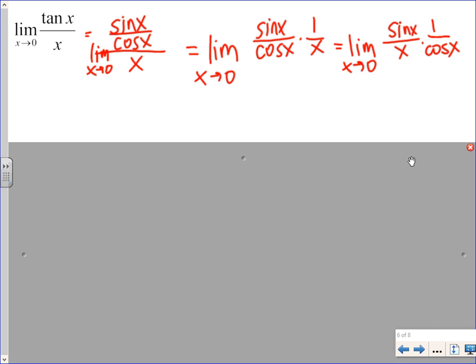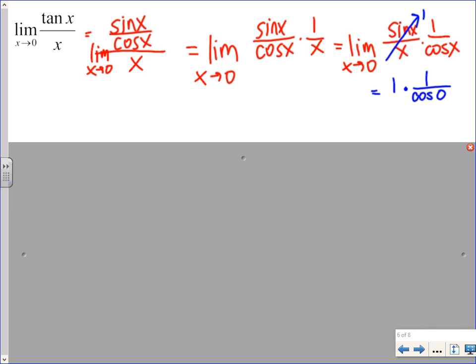All right? Now, we know the limit as x approaches 0 of sine of x over x is what? Is 1. So I'm going to do this. I know that this goes to 1. That's kind of my little notation for, okay, I know what that limit is. And so now that limit goes to 1, and we can plug in 0 to what we have left over.